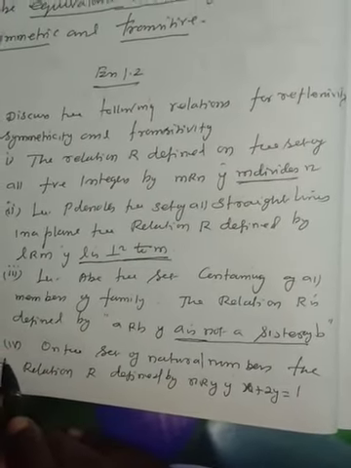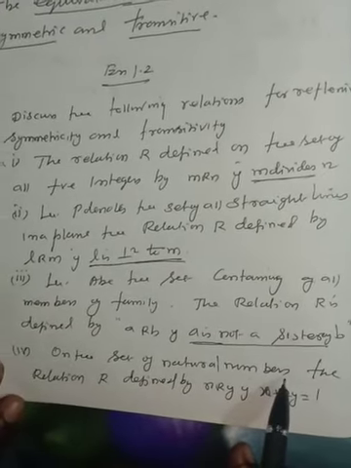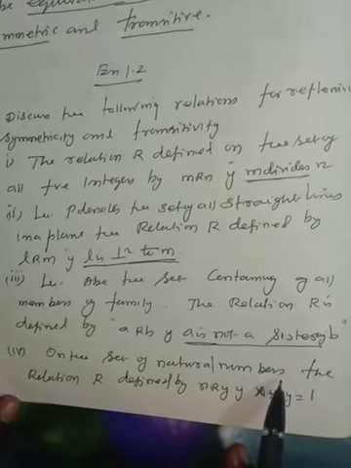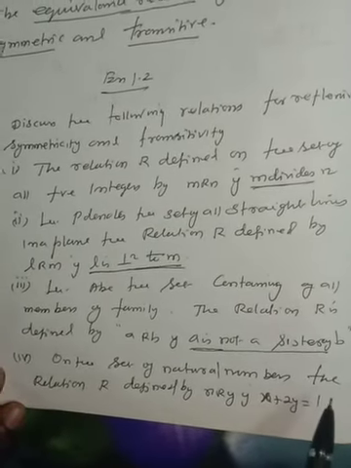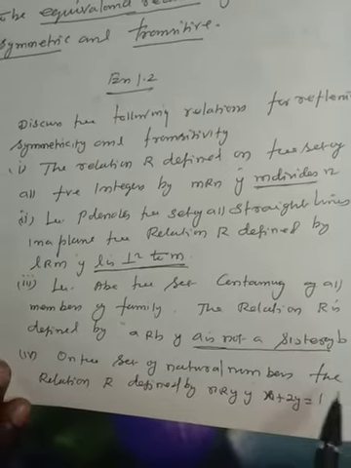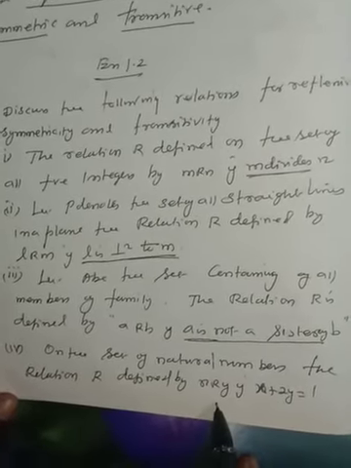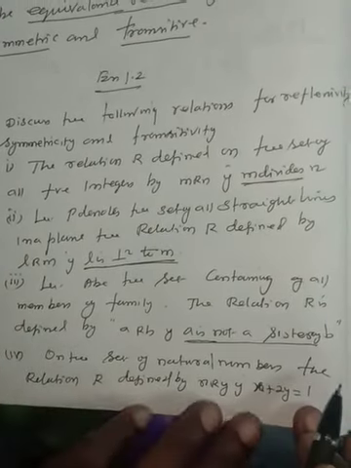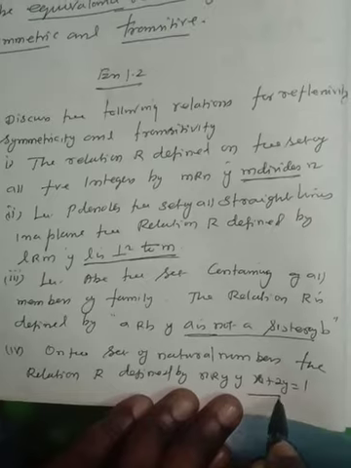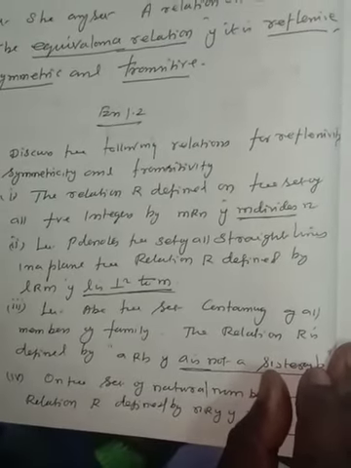Next, number 4, on the set of natural numbers, which start from 1, 2, 3 and so on up to n plus 1 and so on, the relation is defined by x relation y if x plus 2y is equal to 1. We have to take subdivision number 1.